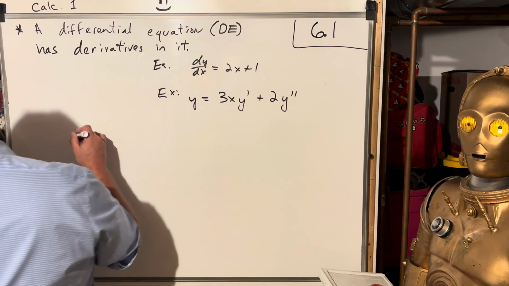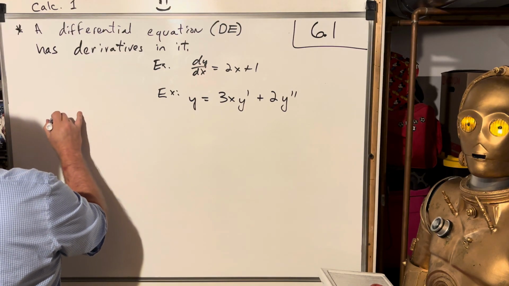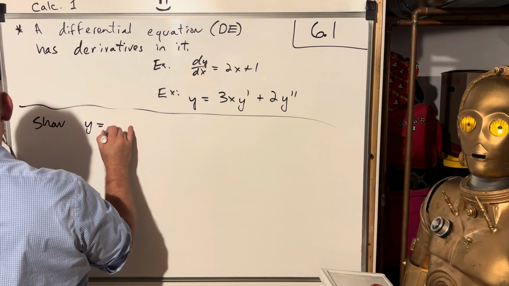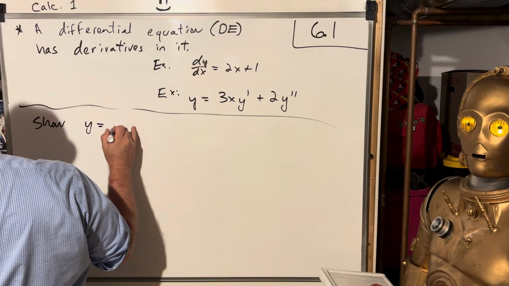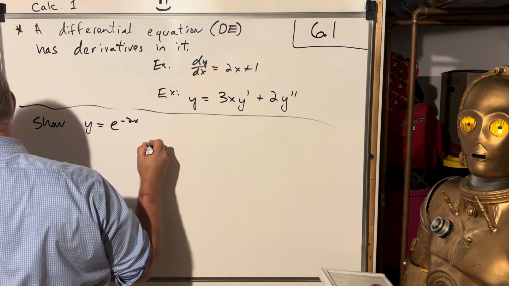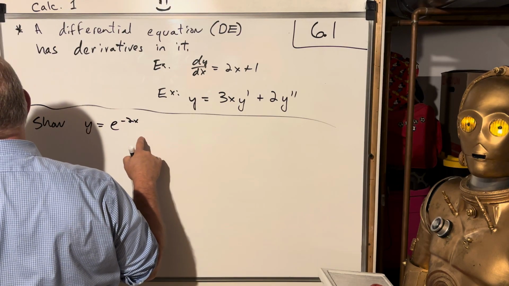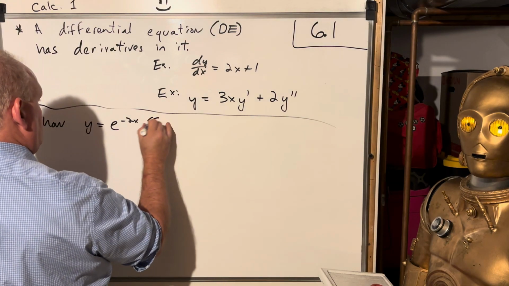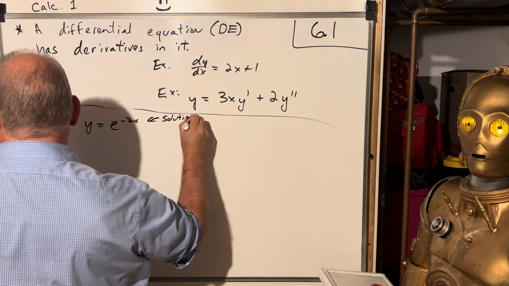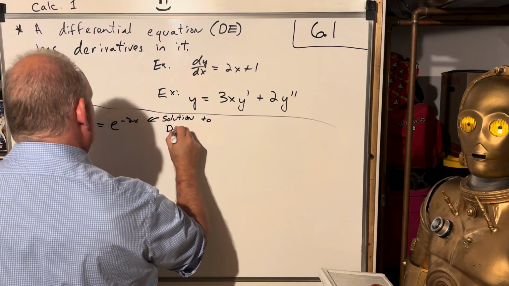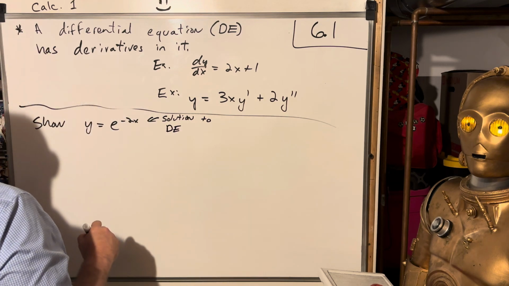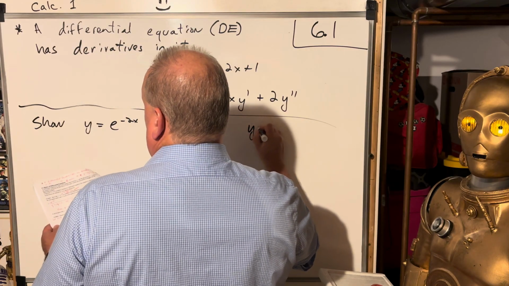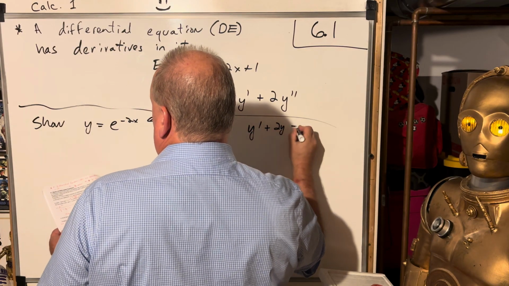So let's take a look. It says, for the example, show that y equals e to the negative 2x is a solution to the differential equation y prime plus 2y equals 0.